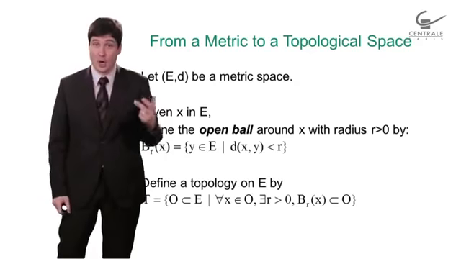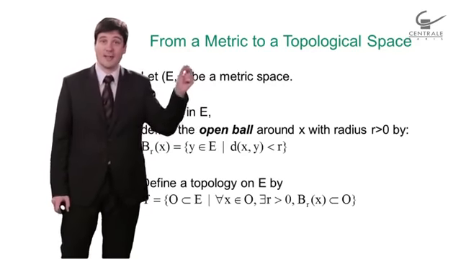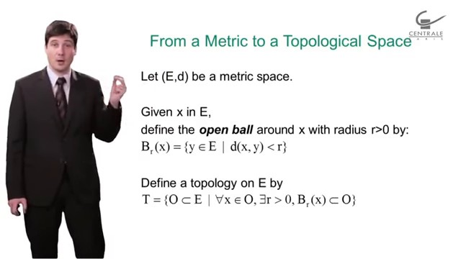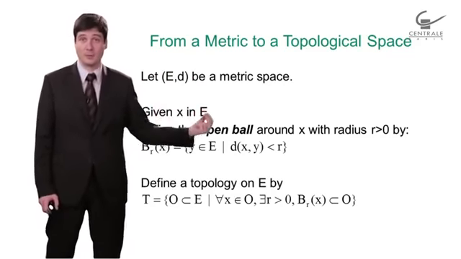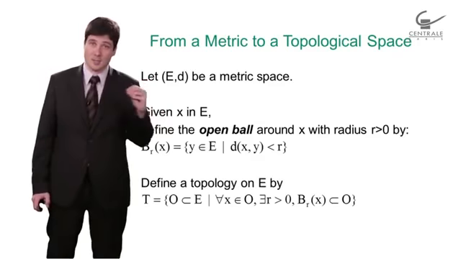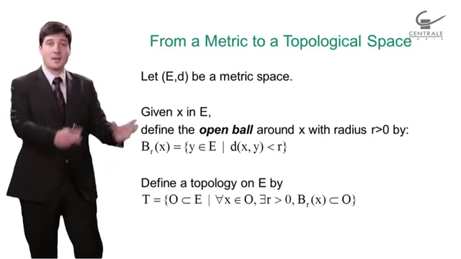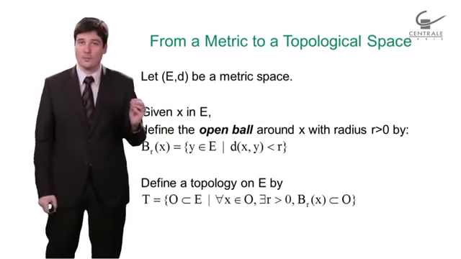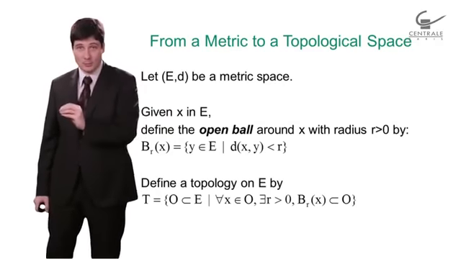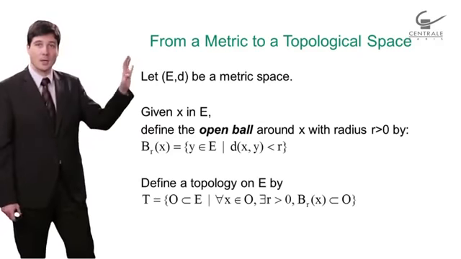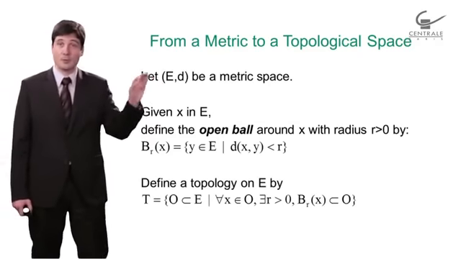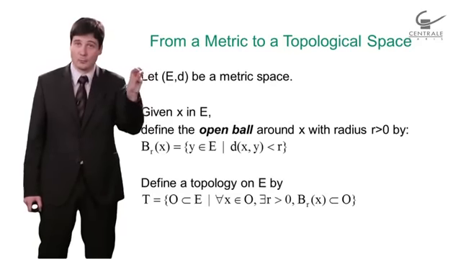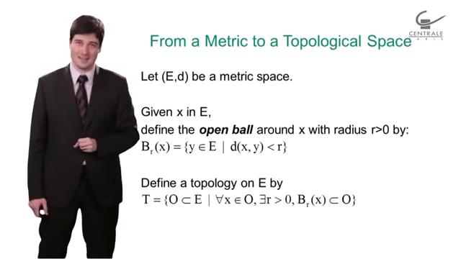An open set O will be such that for any point x in O, there will be a positive r, which means strictly positive, such that the ball centered in x with radius r will be included in O. So let me say this again. A set is open if for any point of the set I can actually put in the set a ball of radius r centered in x.